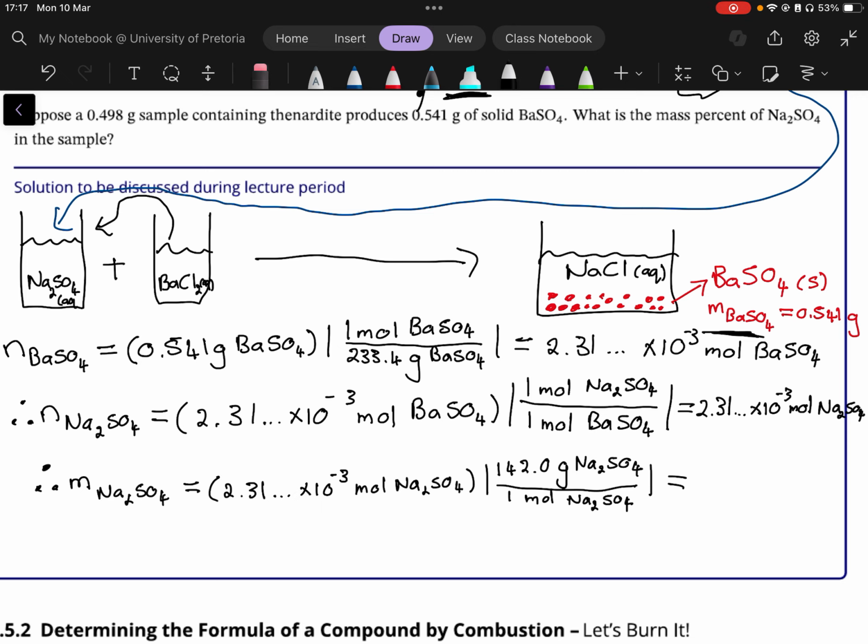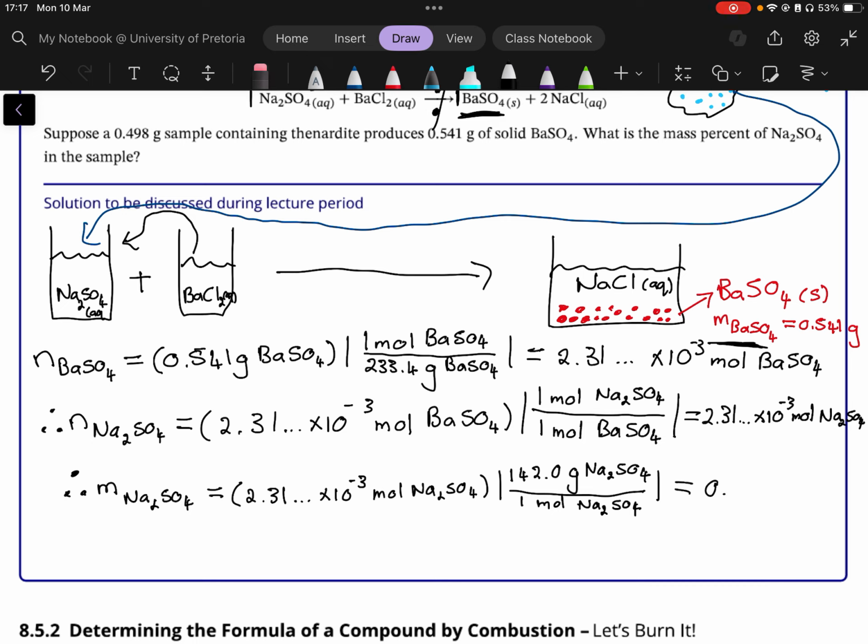That then gives us a value of 0.329, etc. gram sodium sulfate.